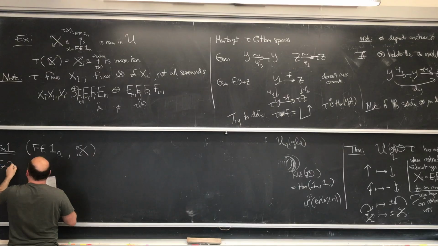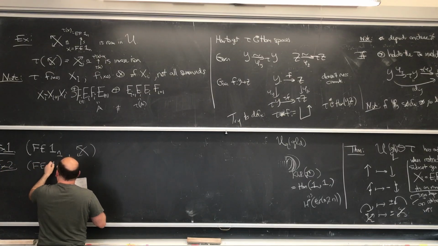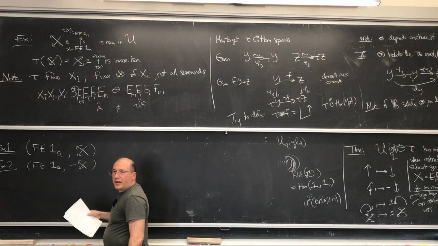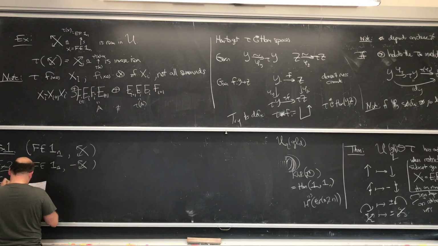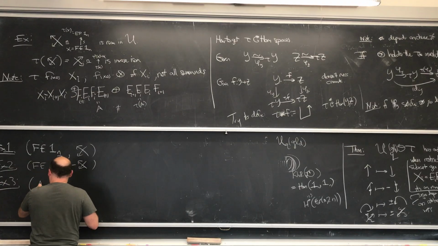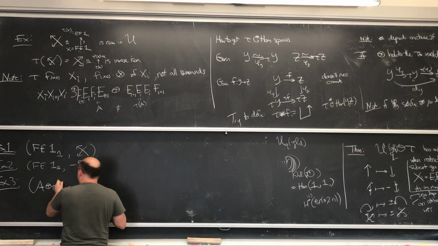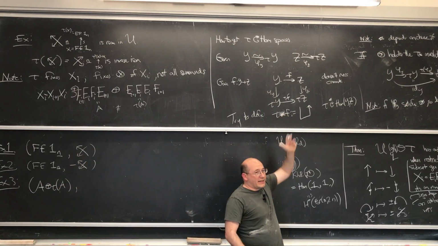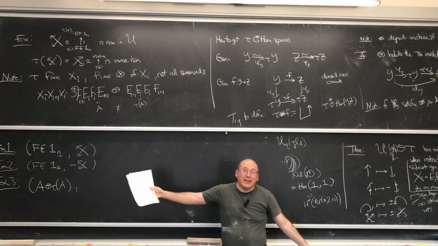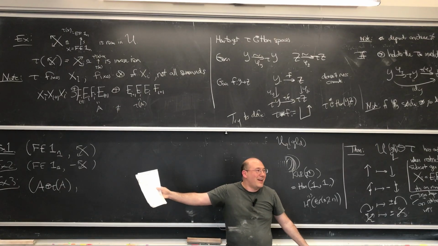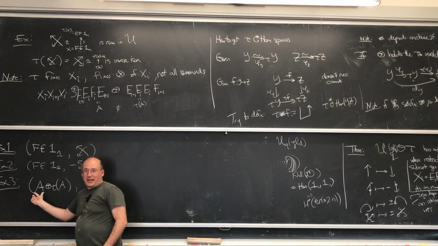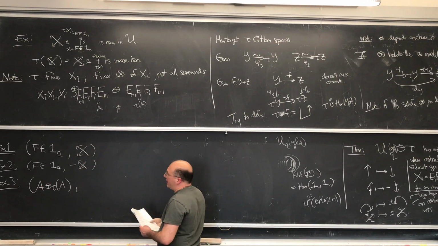Example 2 would be FE1n and minus this sideways crossing. Example 3 would be A plus tau of A. So in order to have an isomorphism from y to tau of y, I need y and tau of y to be isomorphic. So I can't just choose A, because tau of A was not isomorphic to A. A is this thing right there.